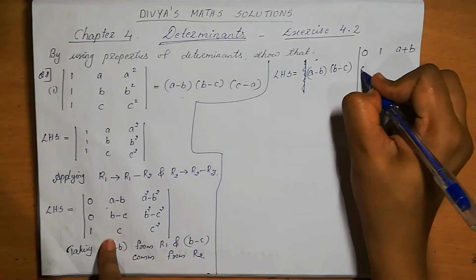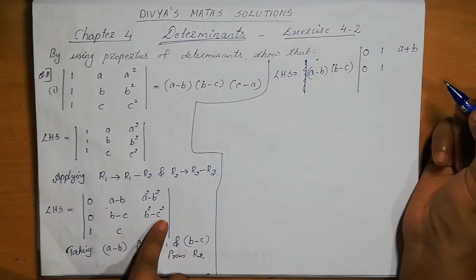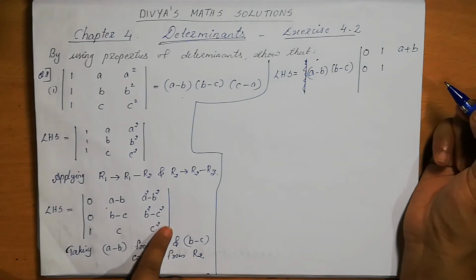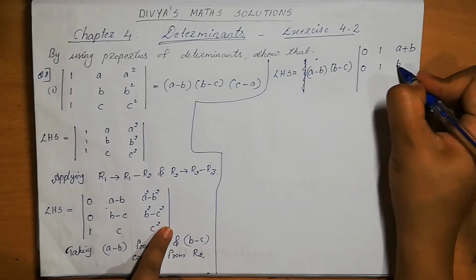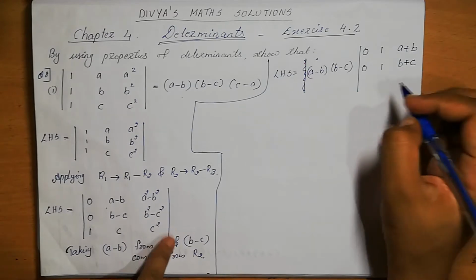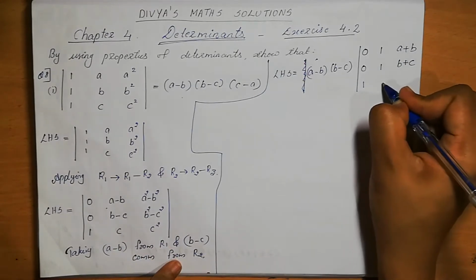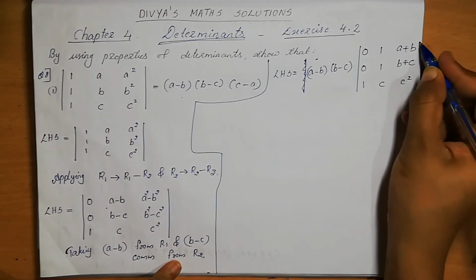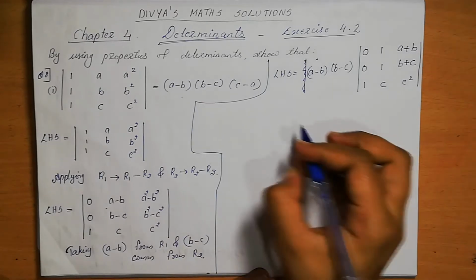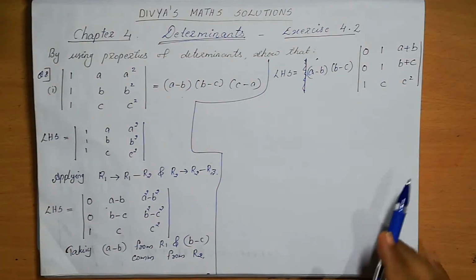Second row 0, 1, and b square minus c square means b plus c into b minus c, so b minus c is common and b plus c is remaining. Last row is as it is, only 1 c square. Correct.